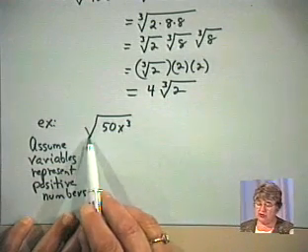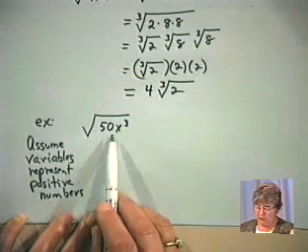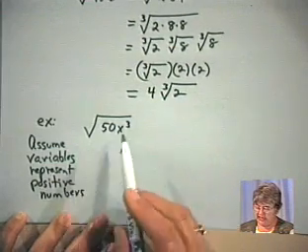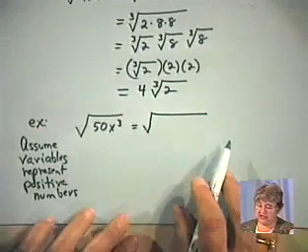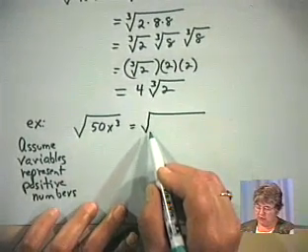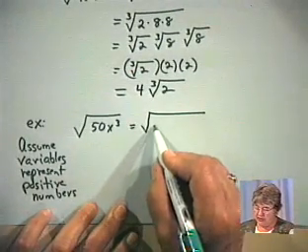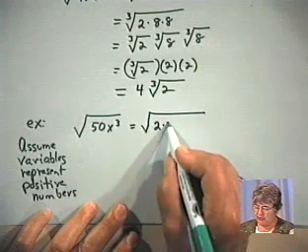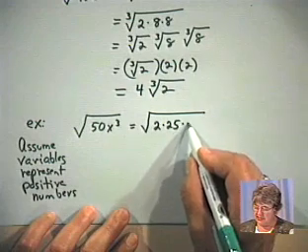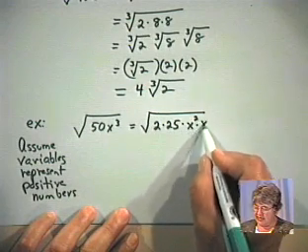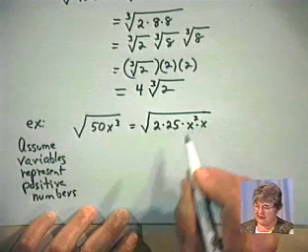And we have a square root, so that means that what we want to do is to find perfect squares. So what we'll do is to separate this into a product. That 50 is the same thing as 2 times 25. 25 is a perfect square. X cubed is the same thing as x squared times x. Okay?